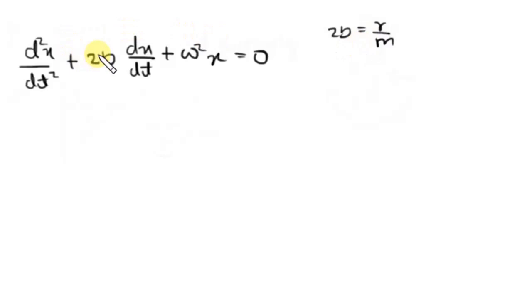And omega square is k by m. I hope that you remember where we got this equation.